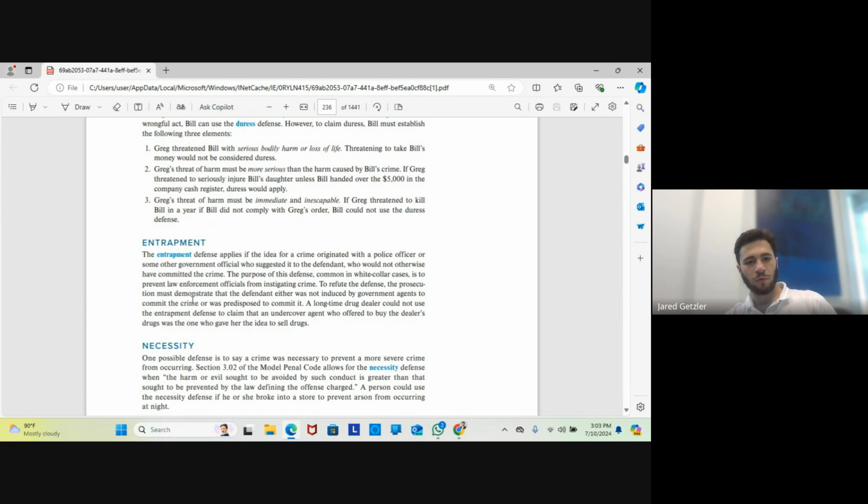This happens a lot in foreign countries. So let's say a police officer wants a bribe in order for me not to pay a traffic ticket, right, and he'll pocket the money. I could argue the defense of entrapment, stating, "Hey, even though I paid a bribe to the police officer," I could argue entrapment.